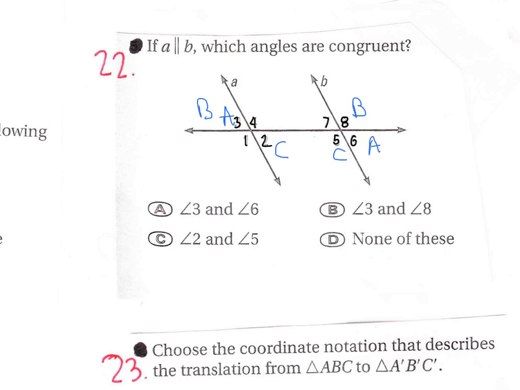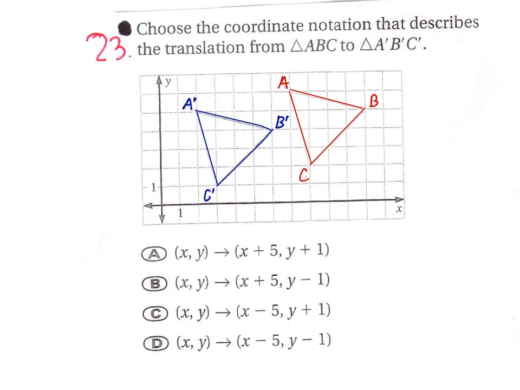Again, hit the pause button after questions to give yourself some time to work. On number 23, you're to choose the coordinate notation that describes a translation from the red one, which is ABC, to the blue one. So it's being shifted from the right to the left. Is it A, the X is being moved 5 units and the Y 1?